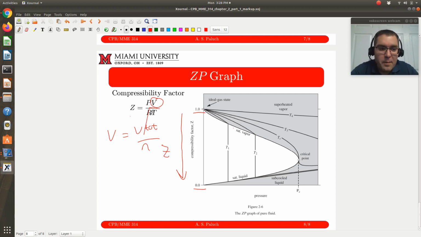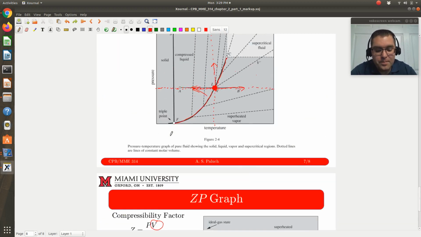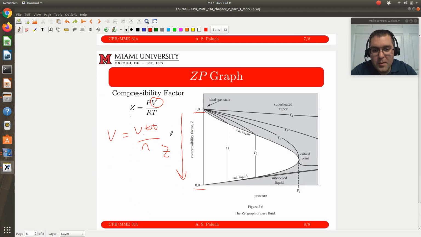I only mention that because in chemistry I remember PV equals nRT. Here it's just PV equals RT because V is V total over N. So for an ideal gas, I know that PV equals RT. So in an ideal gas state, Z is equal to 1.